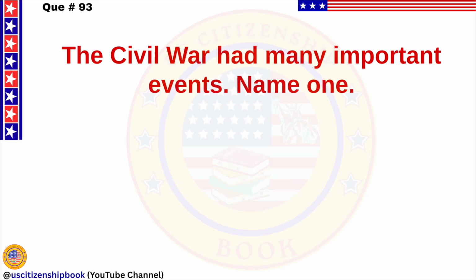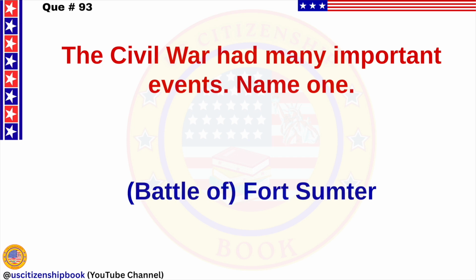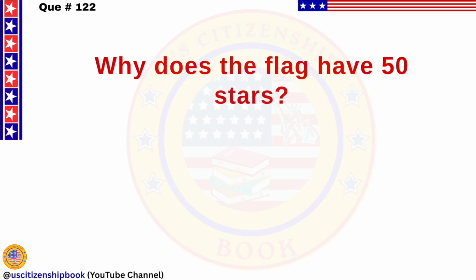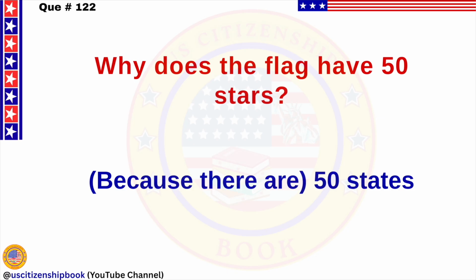The Civil War had many important events. Name one. Battle of Fort Sumter. Why does the flag have 50 stars? Because there are 50 states.